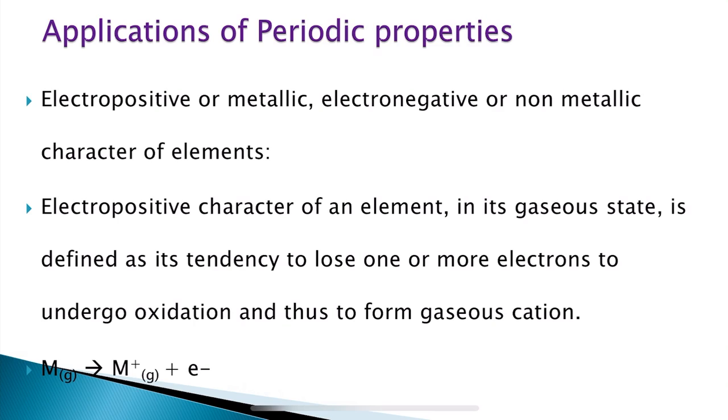Later we also understood electronegativity, the relative tendency of a bonded atom in a molecule to attract the shared pair of electrons towards itself, determined mainly using the Pauling scale.